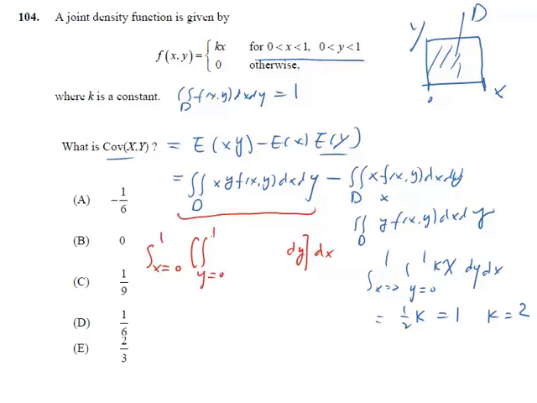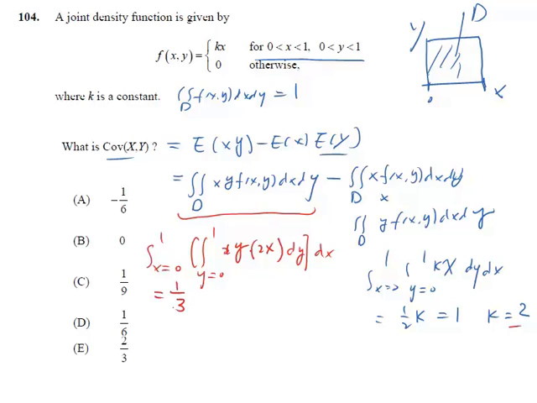Then you have x and y times the joint density, which is 2x. This is the first integral you will do. You can do this yourself, and you'll get 1/3.